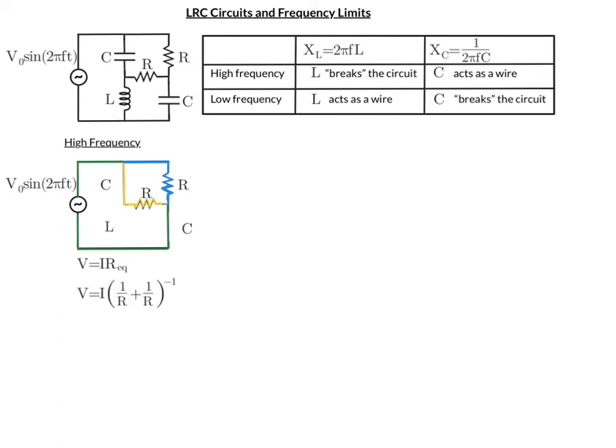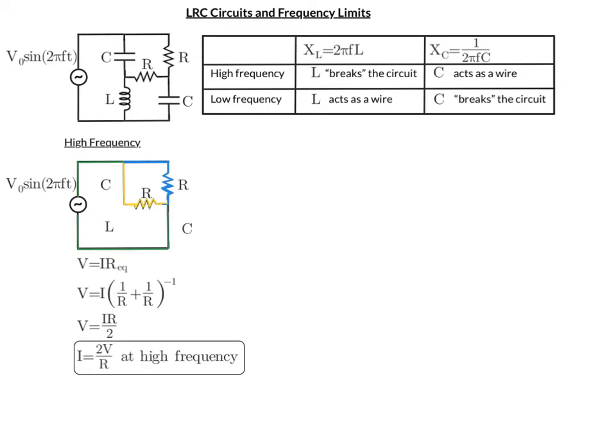Now in this example, the equivalent resistance is the resistance of two resistors in parallel, and that would be 1 over R plus 1 over R, so that when we do the math, we end up with the voltage being current times resistance divided by 2.